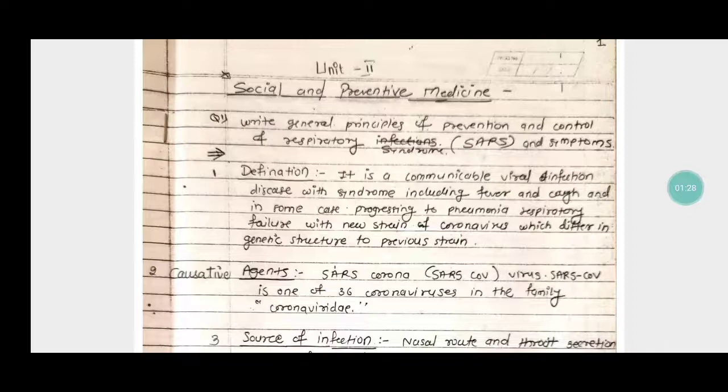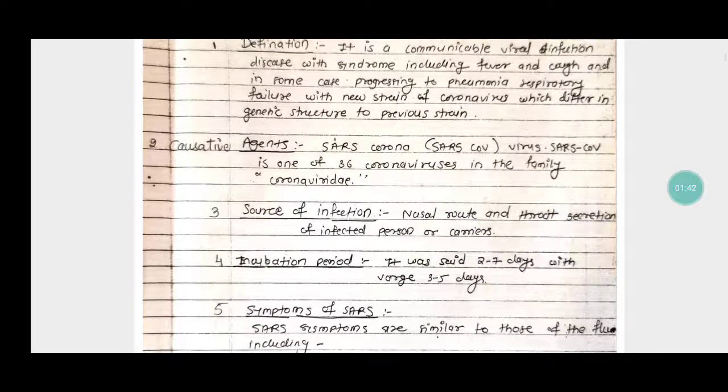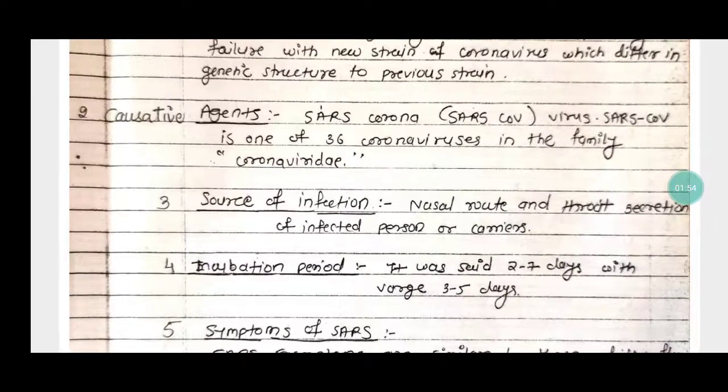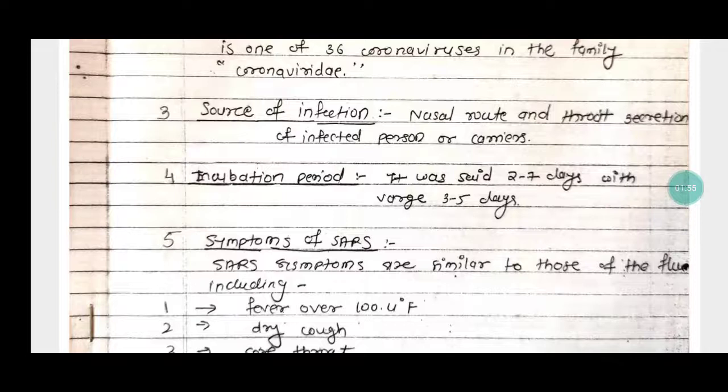The causative agent for SARS is the SARS-CoV virus. SARS-CoV is one of the 36 coronaviruses in the family Coronaviridae. The source of infection for SARS is nasal and throat secretions of an infected person or carriers, and the incubation period is 2 to 7 days, with an average of 3 to 5 days.